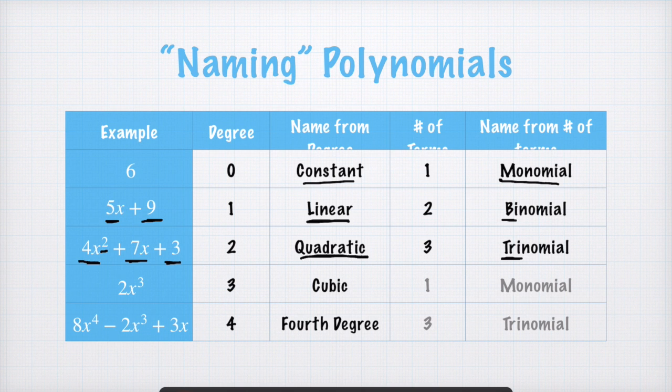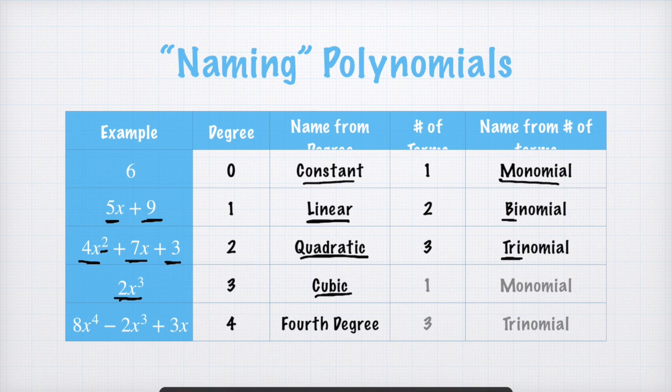Here we have 2x cubed. Its degree is 3, so it's a cubic function because, if you remember back with our example with like terms, you have x times x times x, and it makes a cube, and that's where we got that name. But since it only has 1 term, it is a monomial.